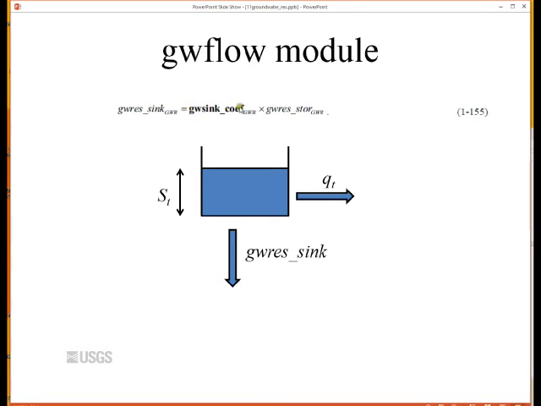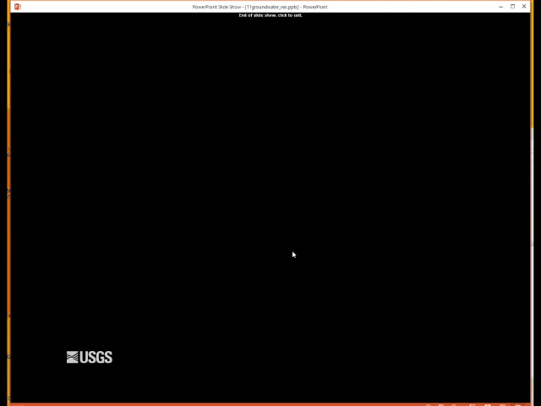You set this in the parameter file, and so some portion of the storage can come out as the sink, and this represents gauge underflow or groundwater moving across the basin boundary that's not accounted for any other way in the model. So that's the groundwater sink, and that's it.